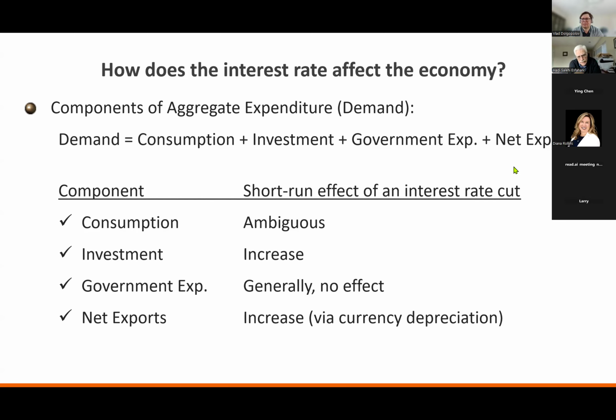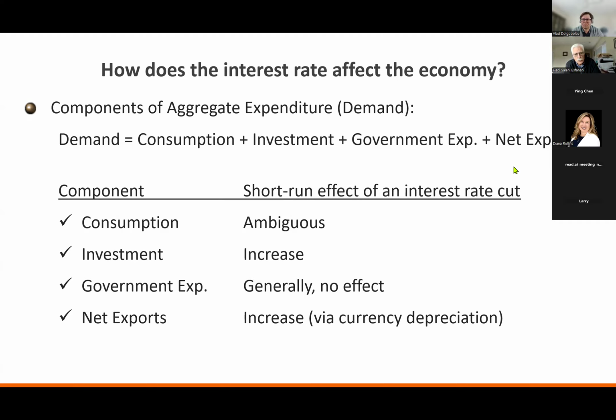Then we have net exports, and that goes up when the interest rate goes down because the currency depreciates. Currency depreciation makes it more attractive for foreigners to buy domestic goods, and imports also go down because buying foreign goods becomes more expensive.